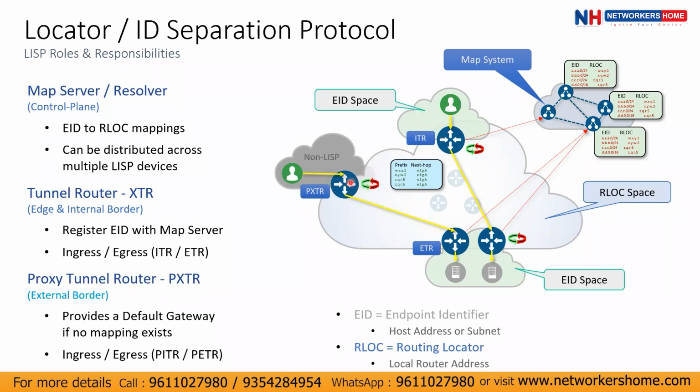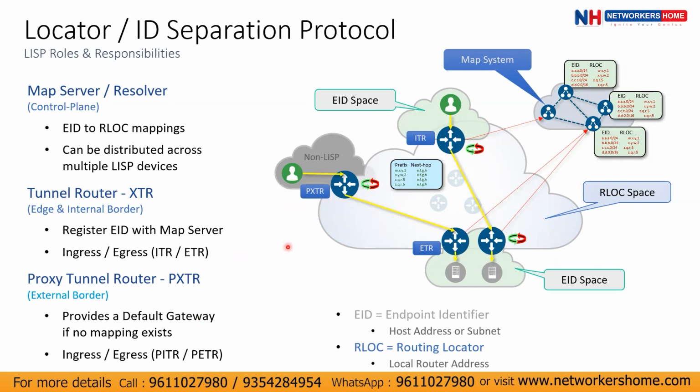The PXTR should have the entry; if it does not, it will forward to the internet with the default route. That is how internet communication works, and we will discuss it in more detail later. I just wanted you to know the meaning of PXTR: it acts as the proxy for your device, which is why we call it the proxy tunnel router.